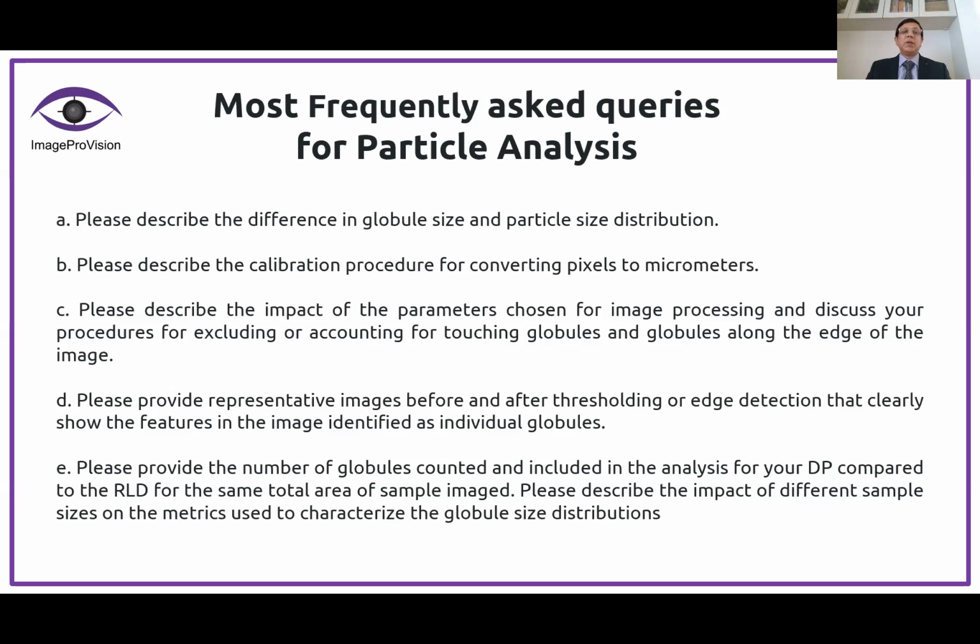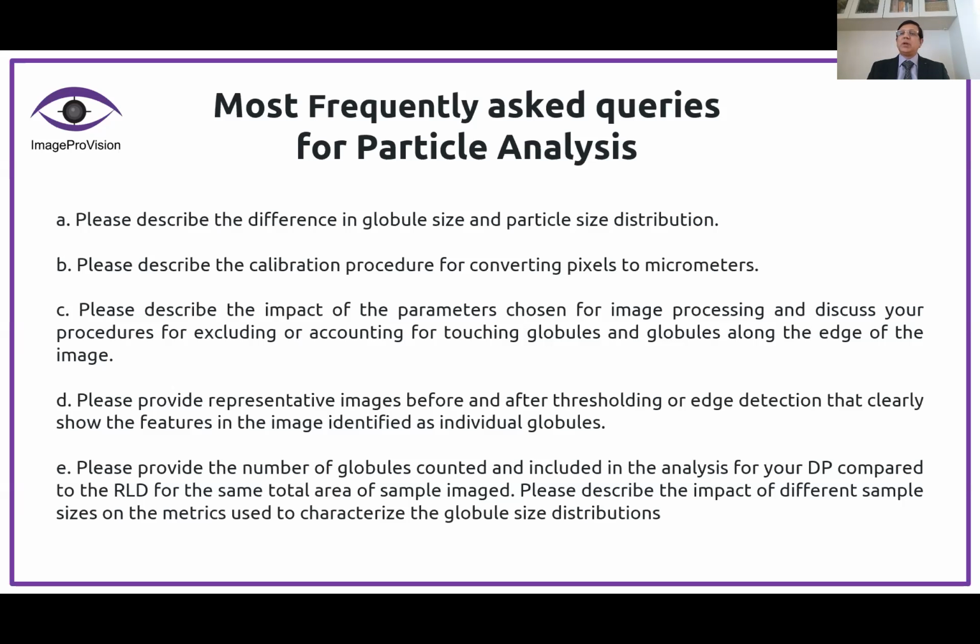First is, please describe the difference in globule size and particle size distribution. Now this particular process not only gives the particle size, but it also gives the particle shape. And with the further upgraded versions, you can also differentiate between different particles like API, excipient, or API globules.